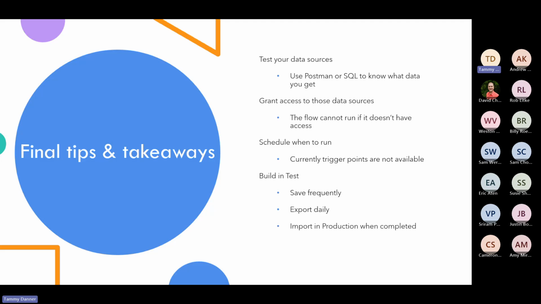Final tips and takeaways. As was mentioned previously, use Postman or SQL to know what your data is that you're getting. Be sure to grant your access to those data sources. The flow cannot run if it doesn't have access. Schedule it when you need it to run. Currently, we don't have trigger points.